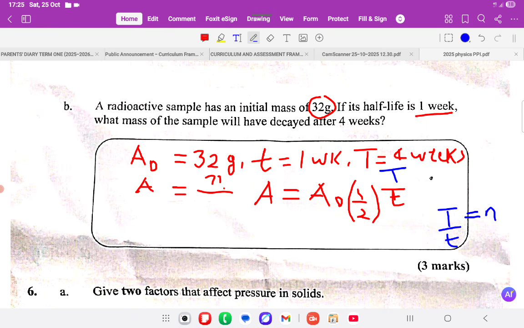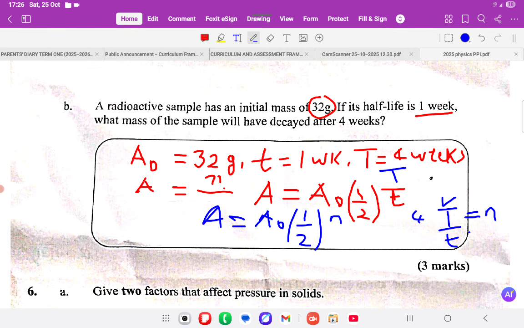So our equation becomes: remaining amount equals initial amount multiplied by half raised to the power n.